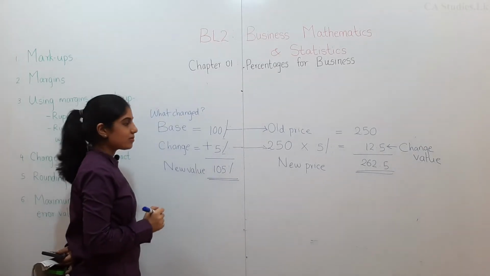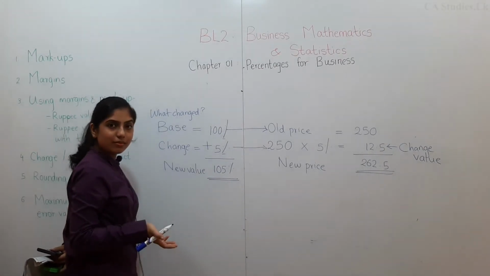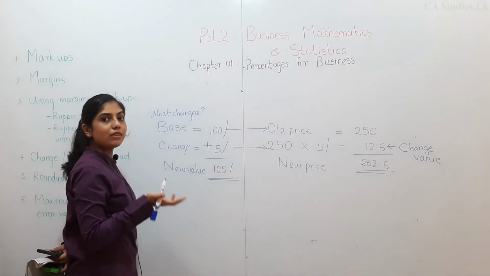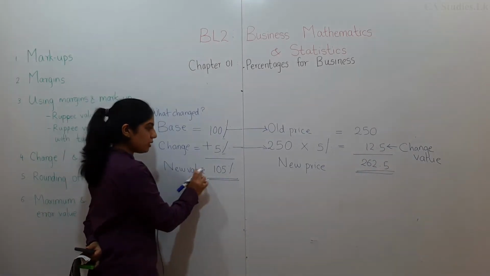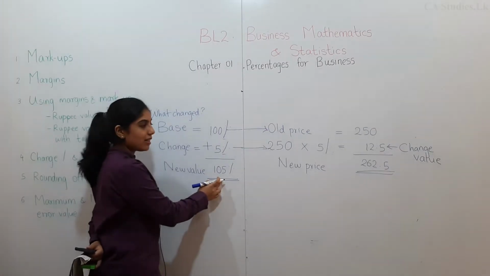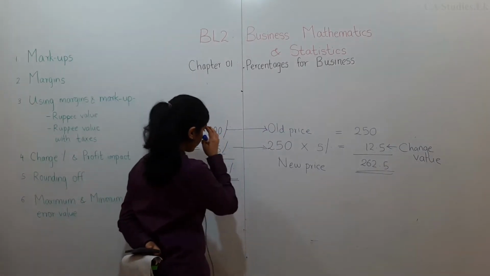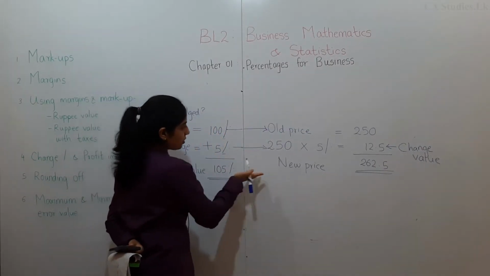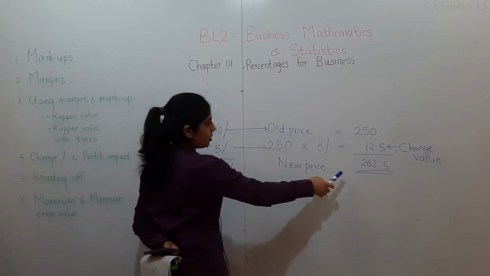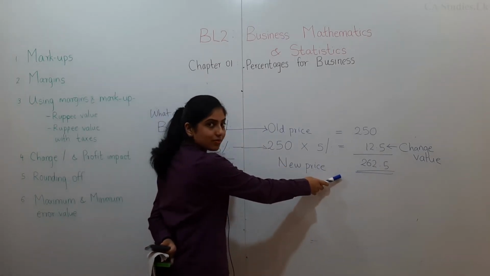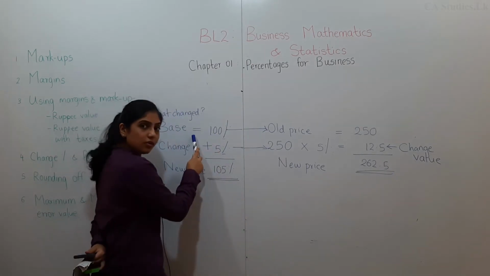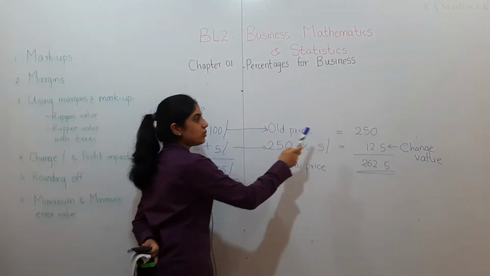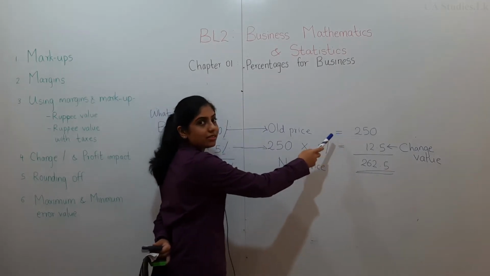Now, as we learnt in margins and markup, the same theory applies. New value is 105%, and that is equal to your new price. 100% is the old value, and that is equal to your old price.